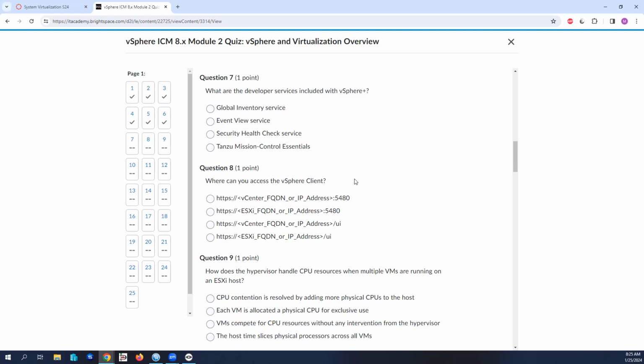vSphere Plus. What's included with vSphere Plus? Developer services. What do you think? Global inventory service.